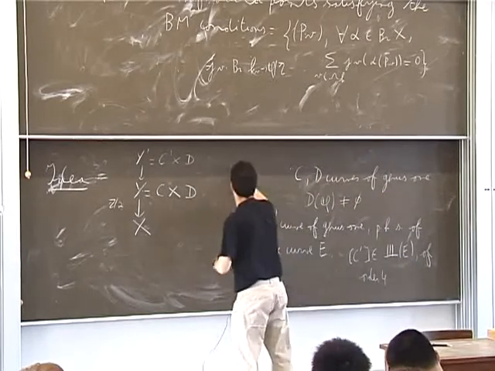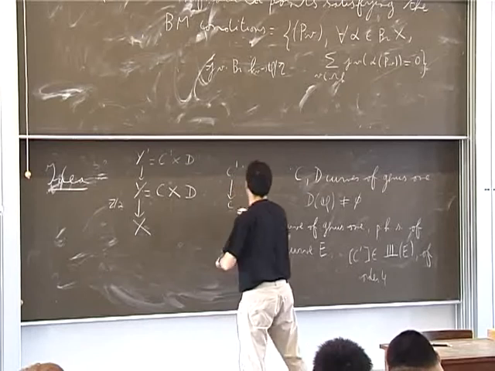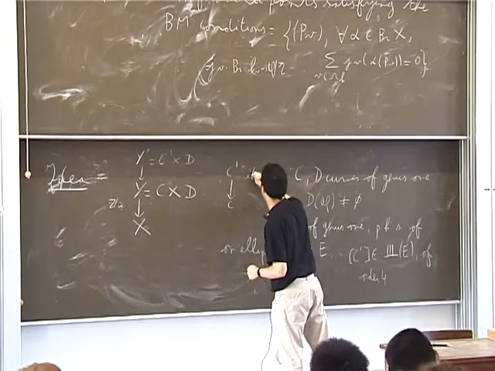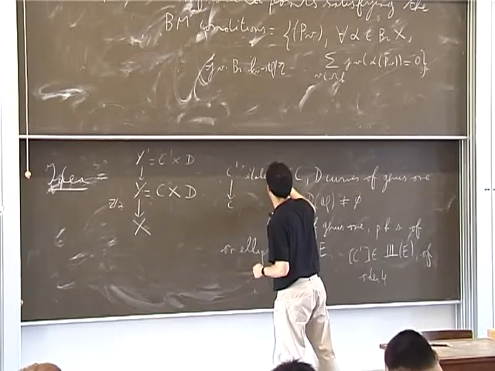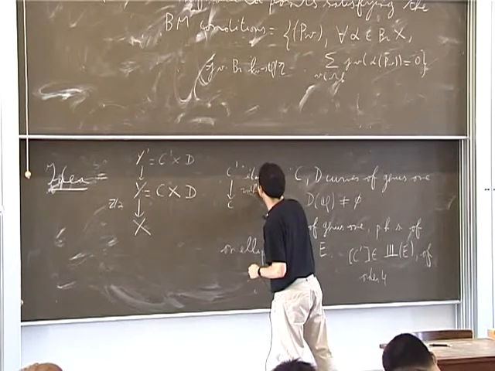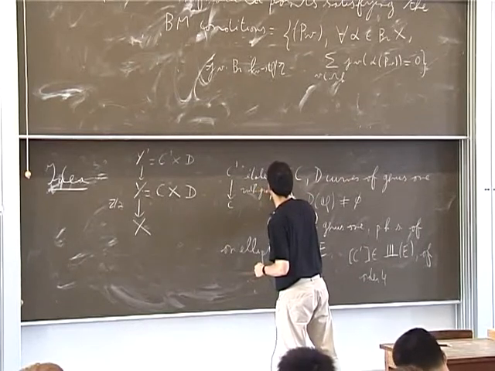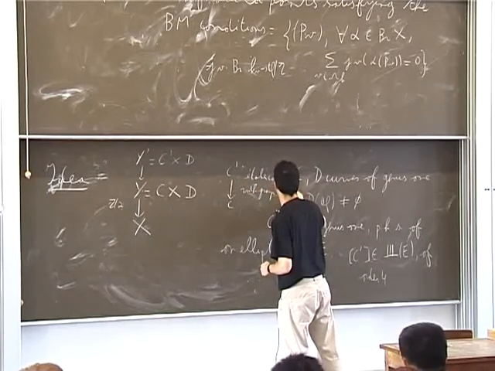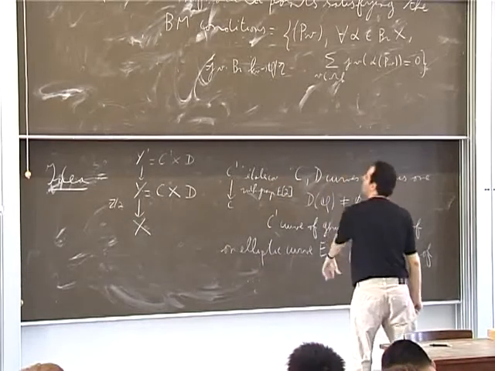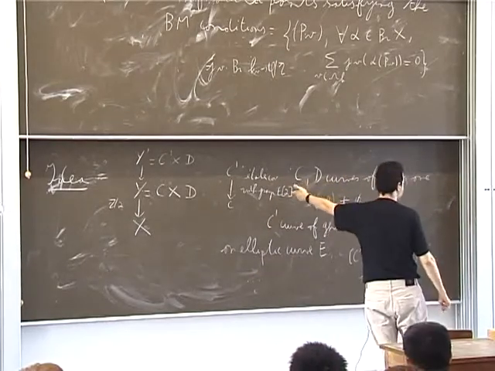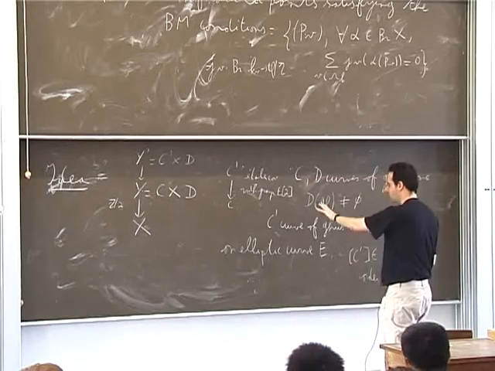And C' to C is an étale covering with group the 2-torsion of the elliptic curve E, as a group scheme. Okay, so these are the data.